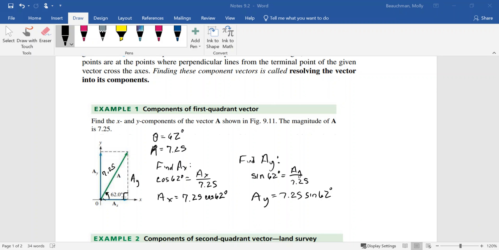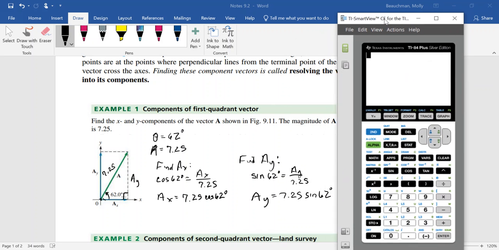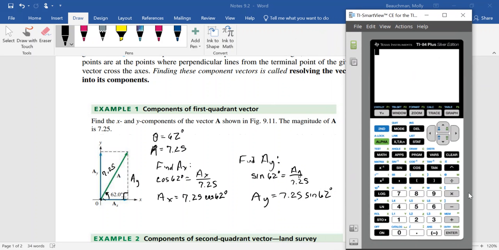And then notice, let me get the calculator over here, we go. All right, so we're going to make sure that your mode is in degrees. We take 7.25 times the cosine 62 degrees, and we end up with about 3.4.